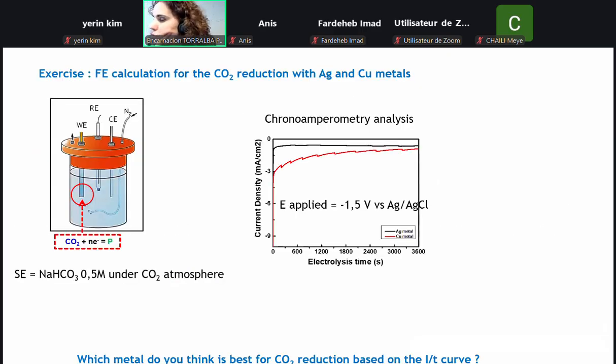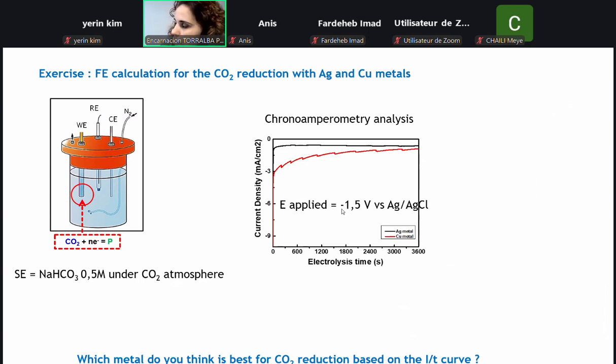One example here, I will show you. So I have a cell and I do a chronoamperometry that you already know. Chronoamperometry is to apply a constant potential.